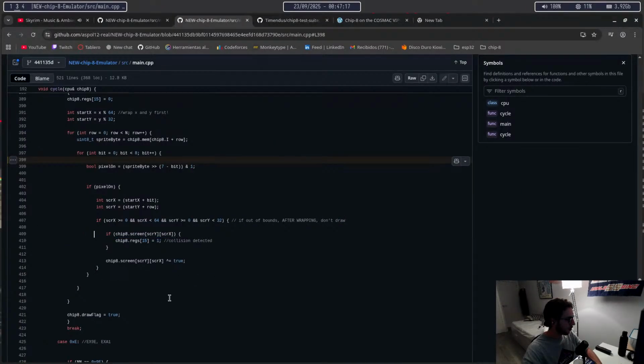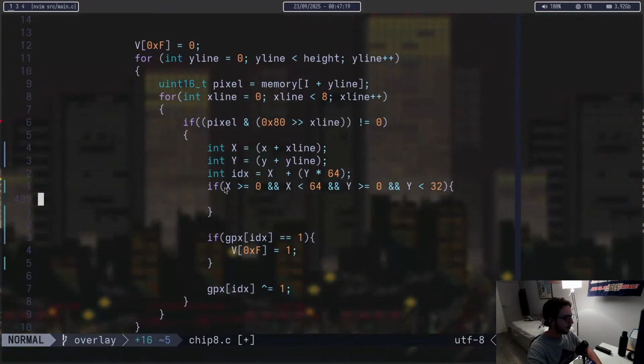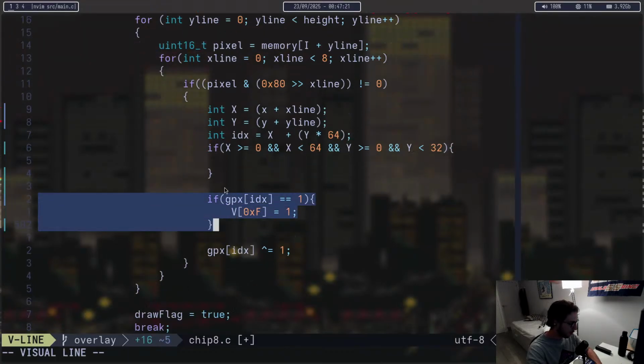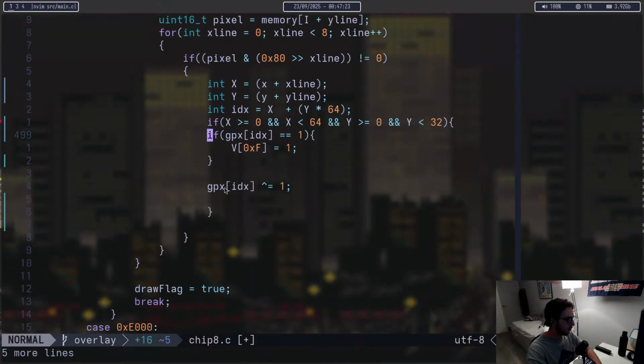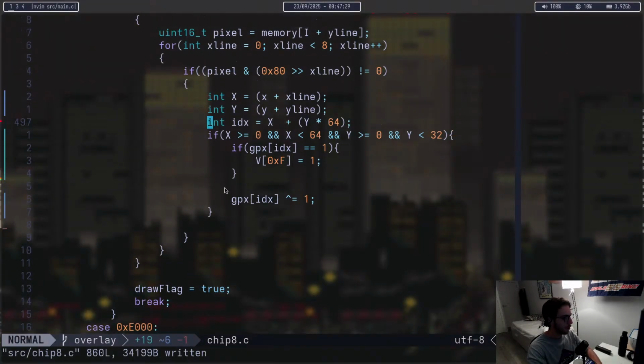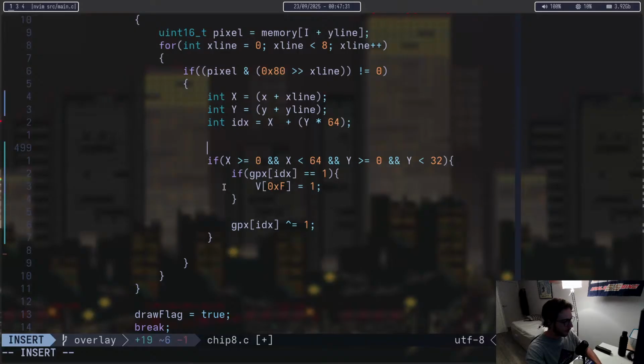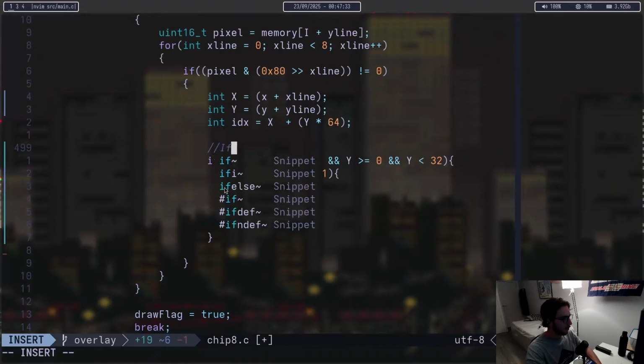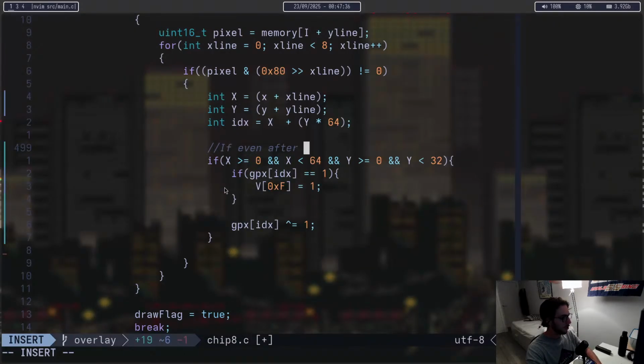Okay, so then you do the screen. There we go. So if within bounds, then you do this. Otherwise you don't draw at all. Let me actually put it in here. If even after modulo the coordinates are within bounds, we draw.